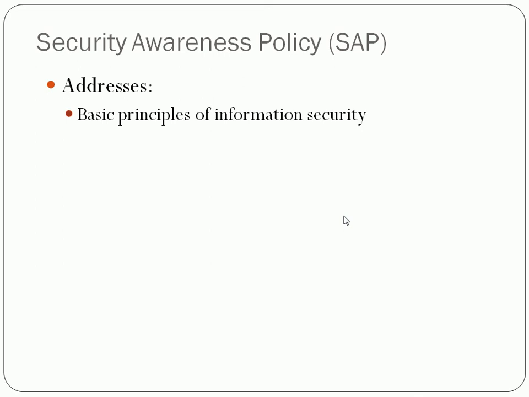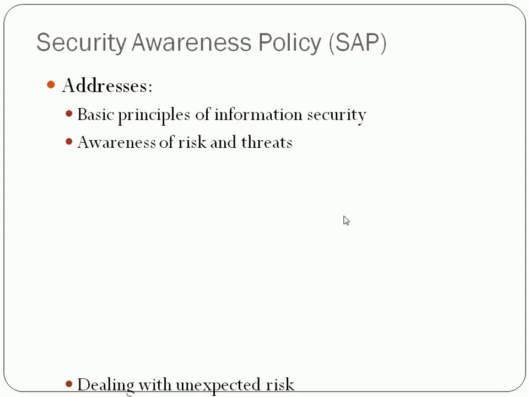If we tell people about these basic principles and how IT security works and why we do it, that's certainly a good first step. We talk about awareness of risks and threats, what kinds of risks we face, and what the ramifications of not mitigating those risks are.